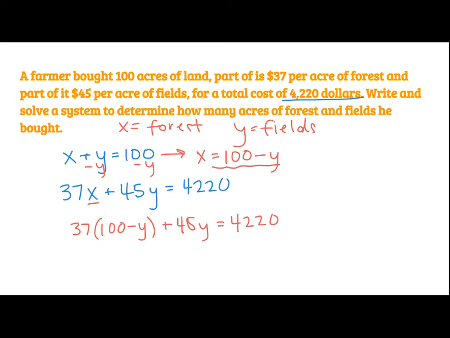Then we're going to distribute. So it's 3,700 plus negative 37y plus 45y equals 4,220. Then subtract 3,700.